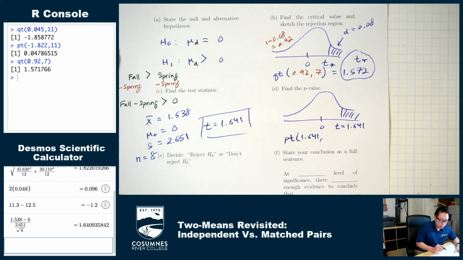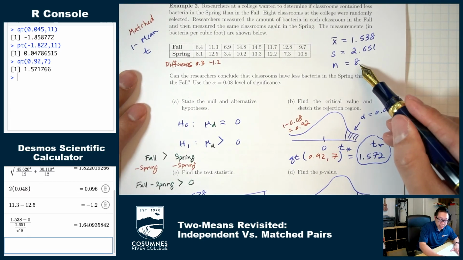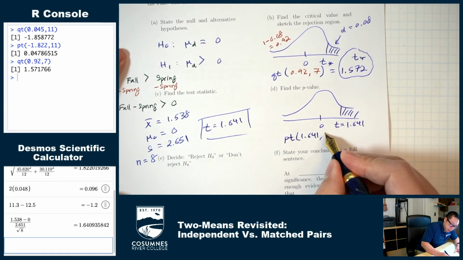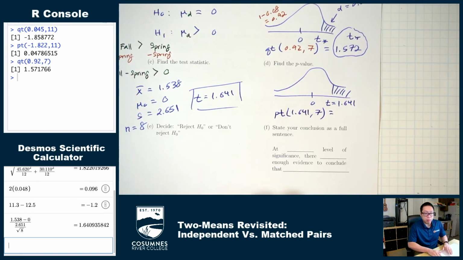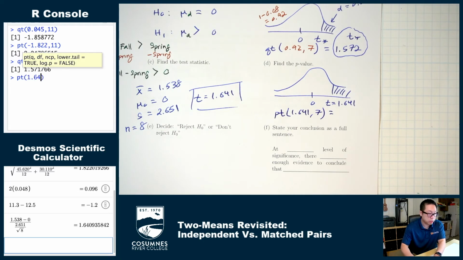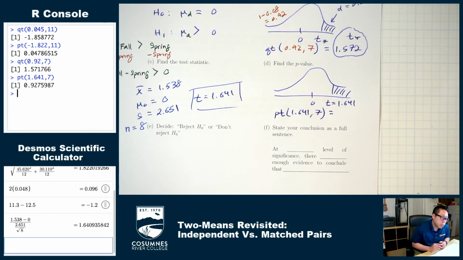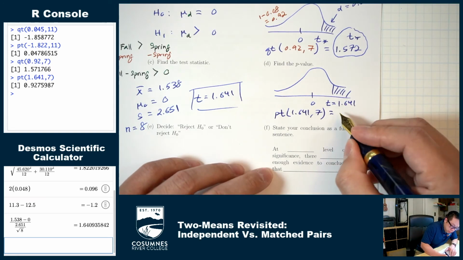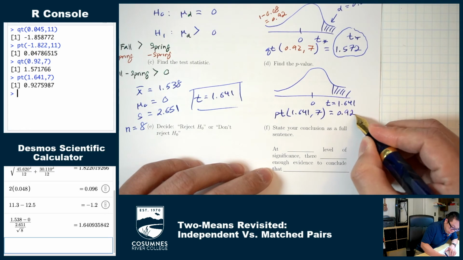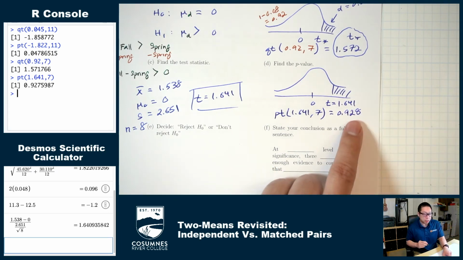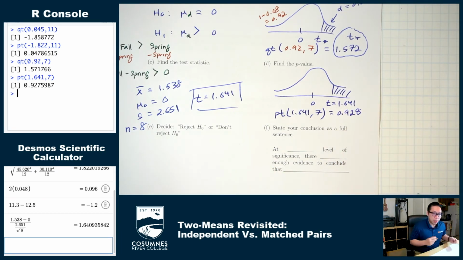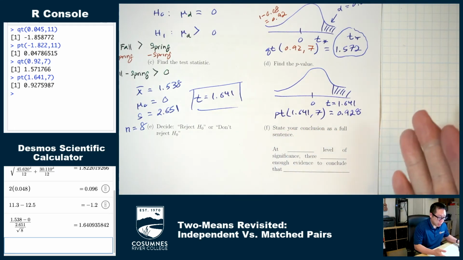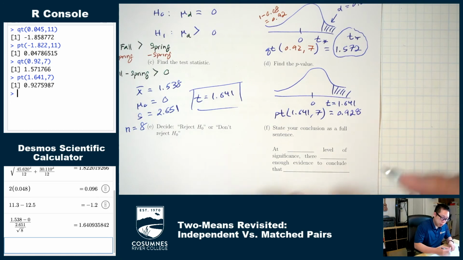df, so 1 less than the sample size. Sample size was 8. 1 less would be 7. All right, pt of 1.641, comma 7, 0.928. Okay, so I already know that that's not the final answer. P-values should be pretty small, and that's because pt spits out the left area, so it always gives you the left area.